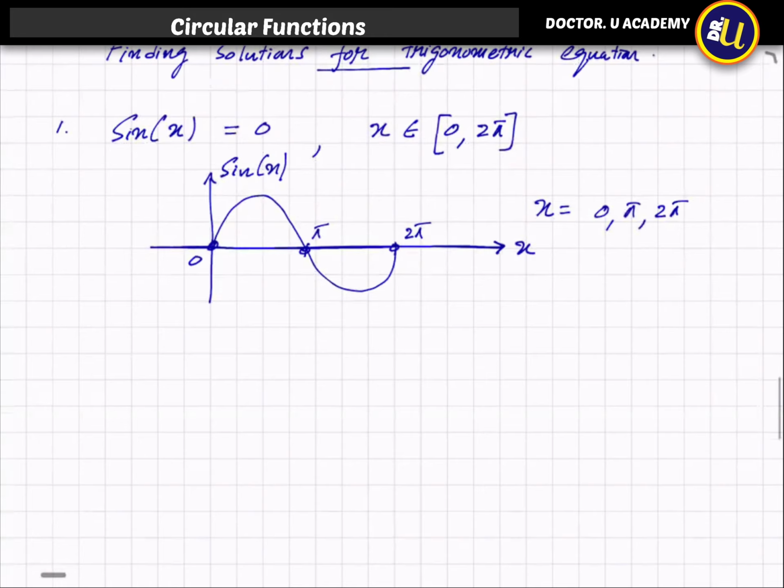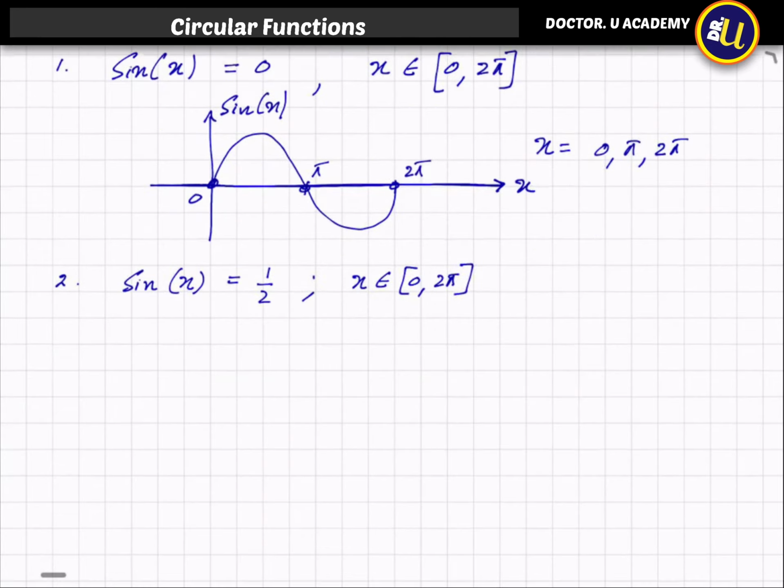Now I'm going to extend this idea. Now what if sine x is equal to half? Now x is given 0 to 2 pi. So now in this question, sine x is equal to half. The domain is given 0 to 2 pi. So we can still draw it.